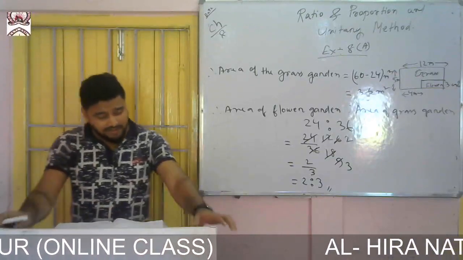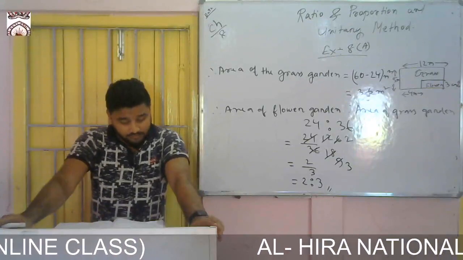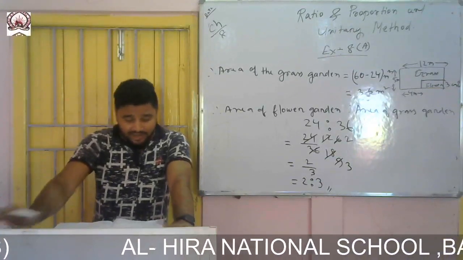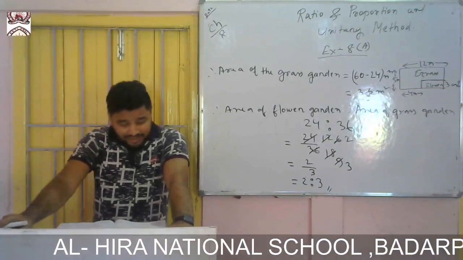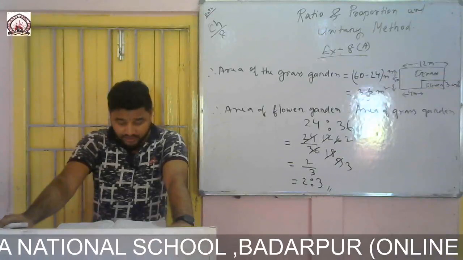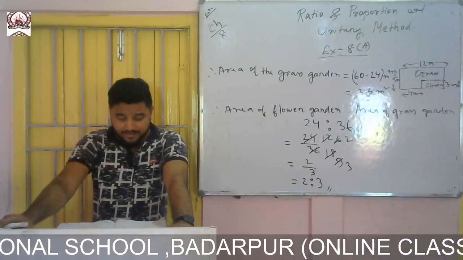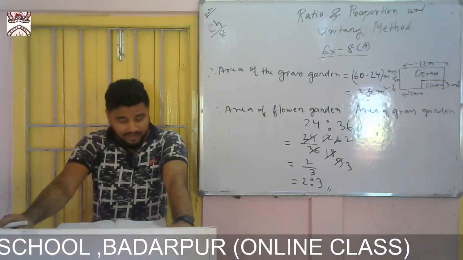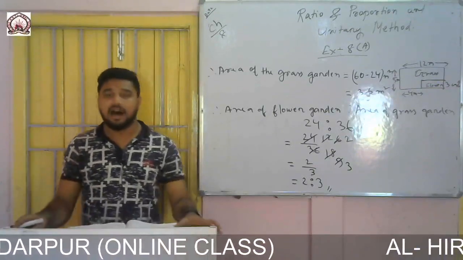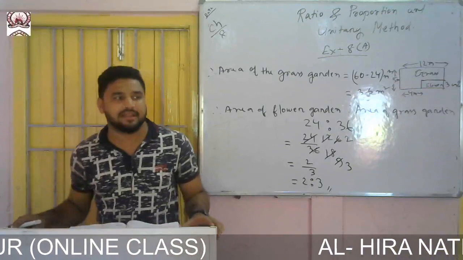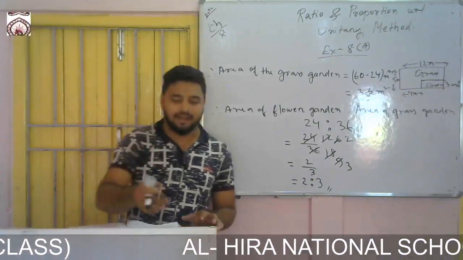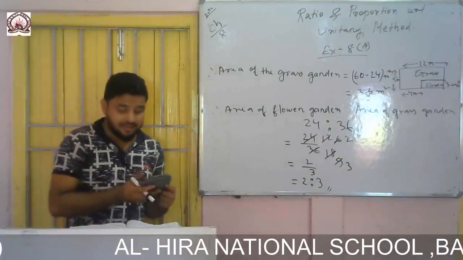Now the next question is: if the ratio of the length to the breadth of a rectangle is 5 is to 3 and its perimeter is 144, find the length of the rectangle. Whenever length and breadth are given in ratio, you let it be x with the given length and breadth.